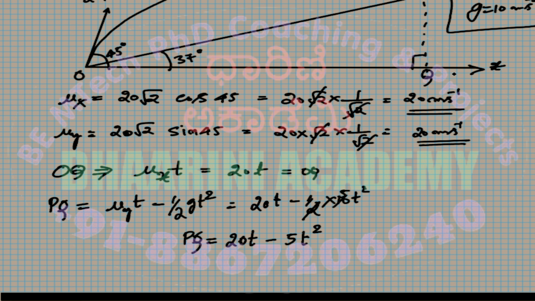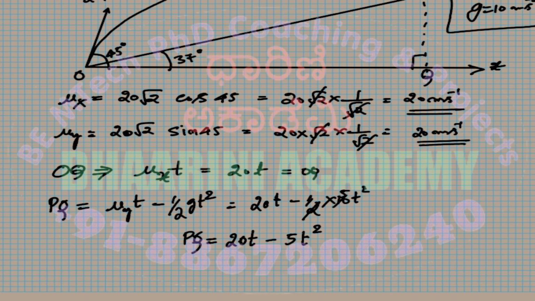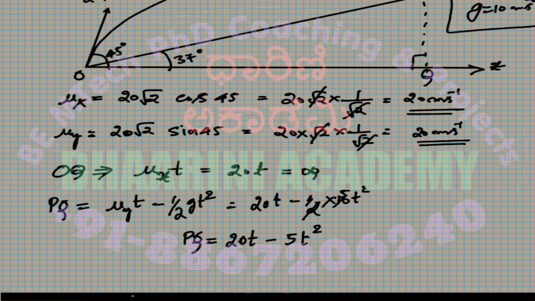Now we use the equation to find the time first. If I know the time, I can find any distance I want. From the triangle OPQ, I am able to write tan 37 degrees equal to opposite divided by adjacent.